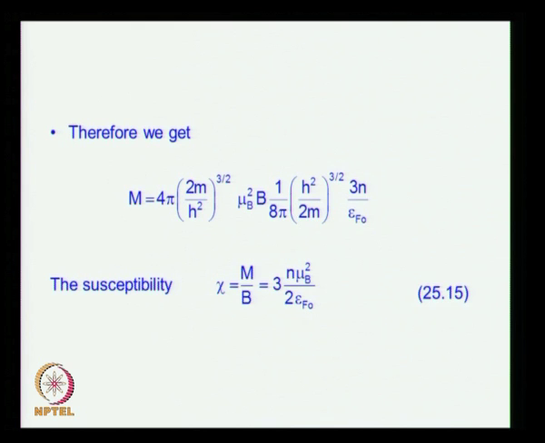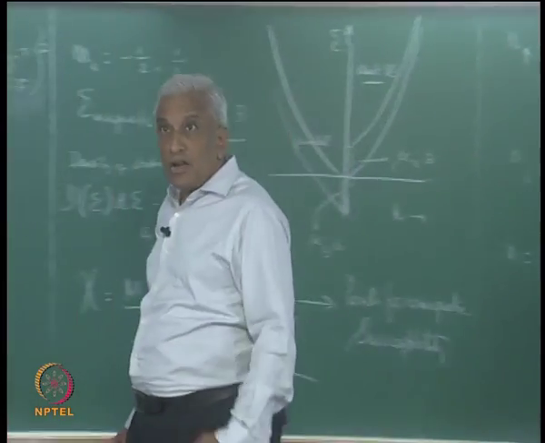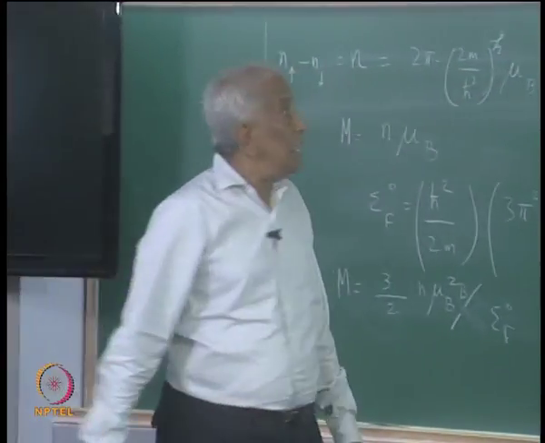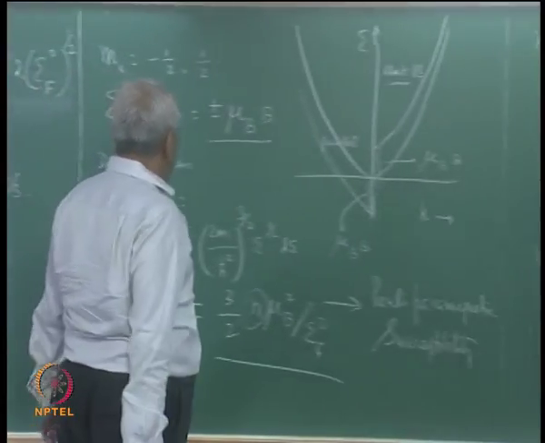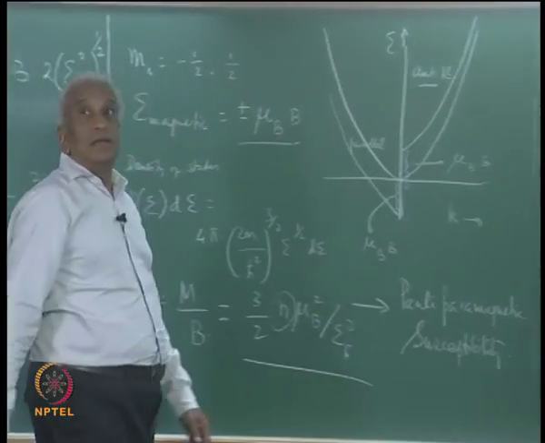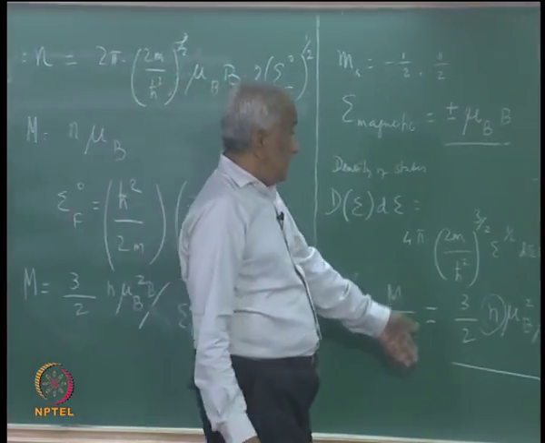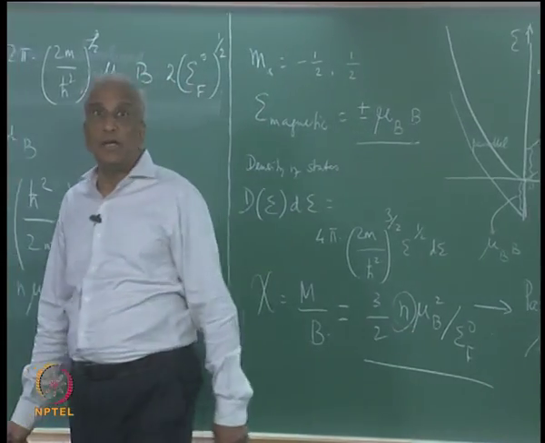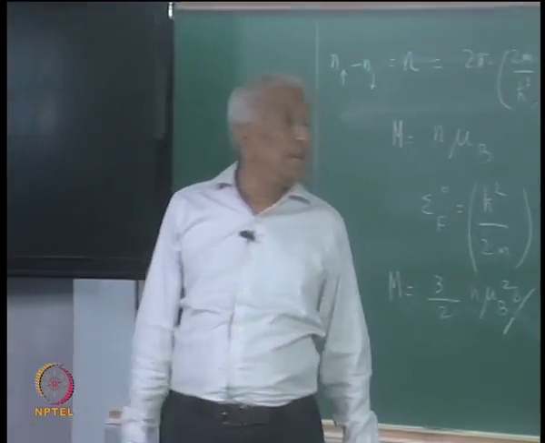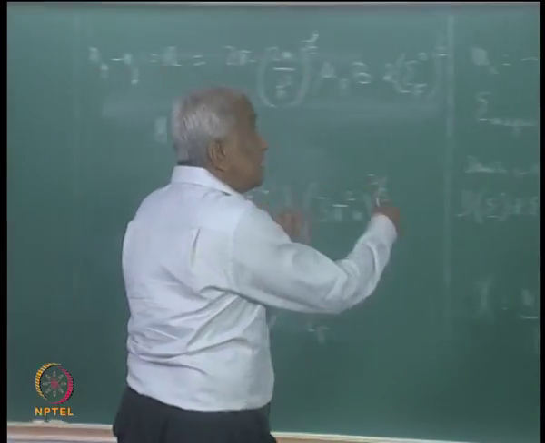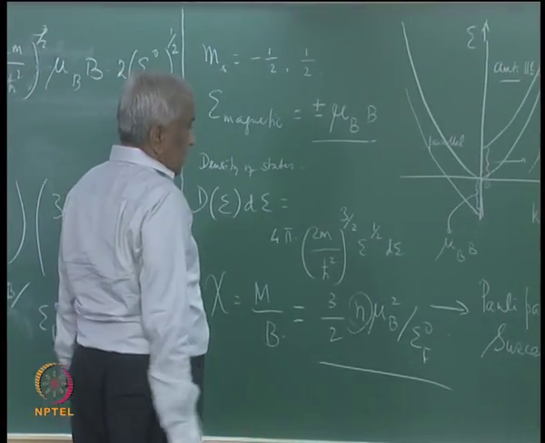So, both these effects, the diamagnetism of the ion cores as well as the Landau diamagnetic susceptibility, add to this, and therefore, the net susceptibility that one will observe in a metallic specimen is the resultant of all these three.